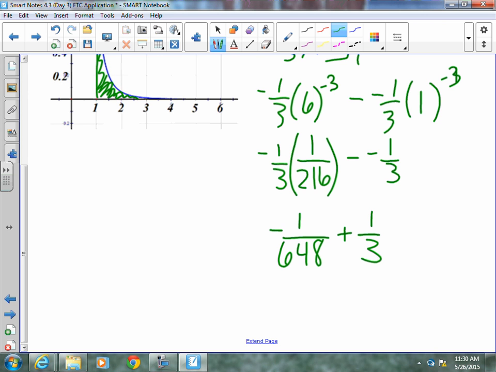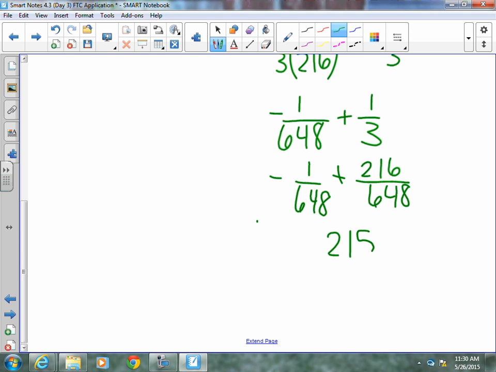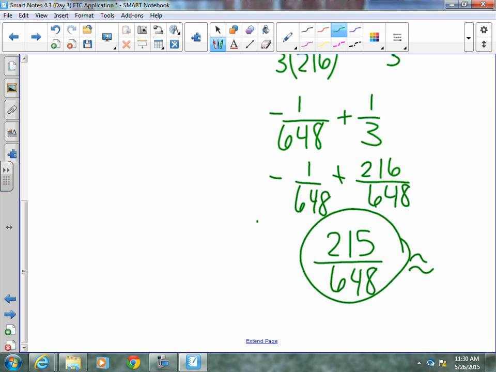Well, 1/3 is going to be 216 over 648. We end up with 215 over 648, or approximately 0.3318.